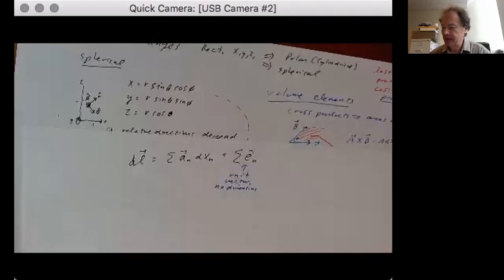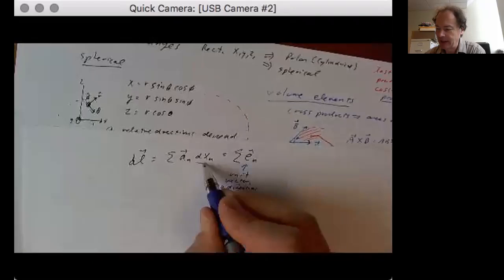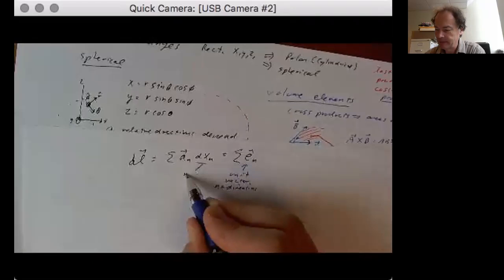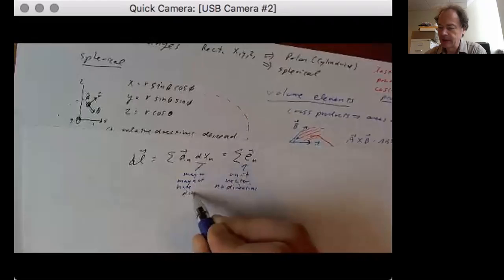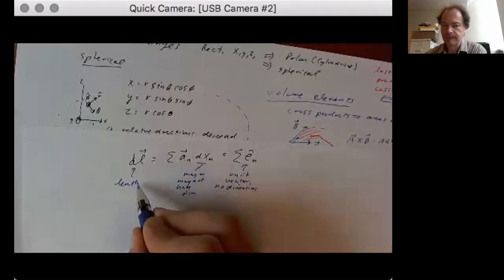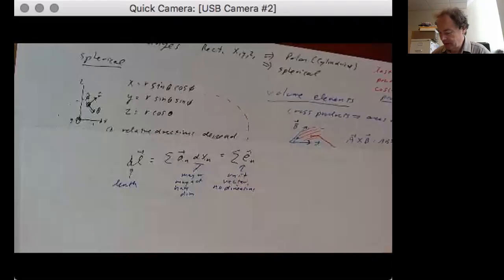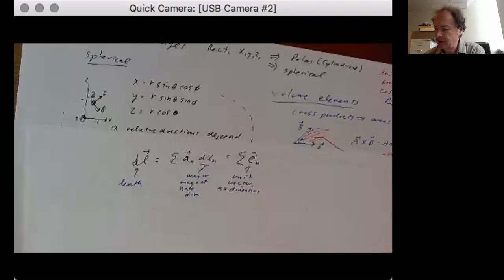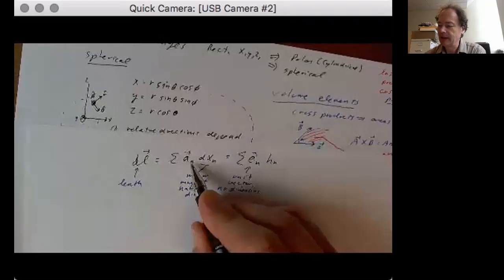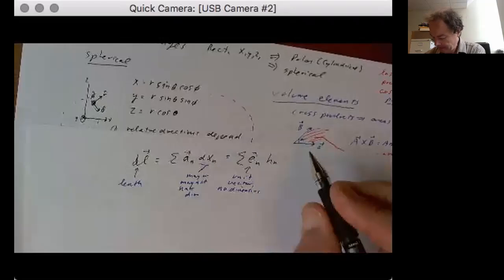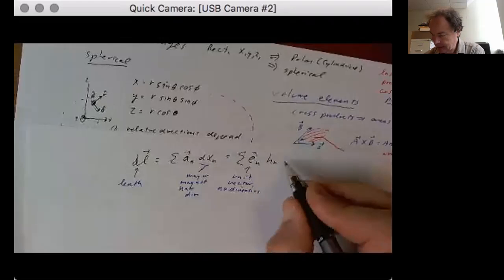Now, of course, the problem is that this may or may not have them. This does. And so the quantities, we already know what this is. We know that a_n is equal to h_n times e_n, right? We derived that. And this is dxn.